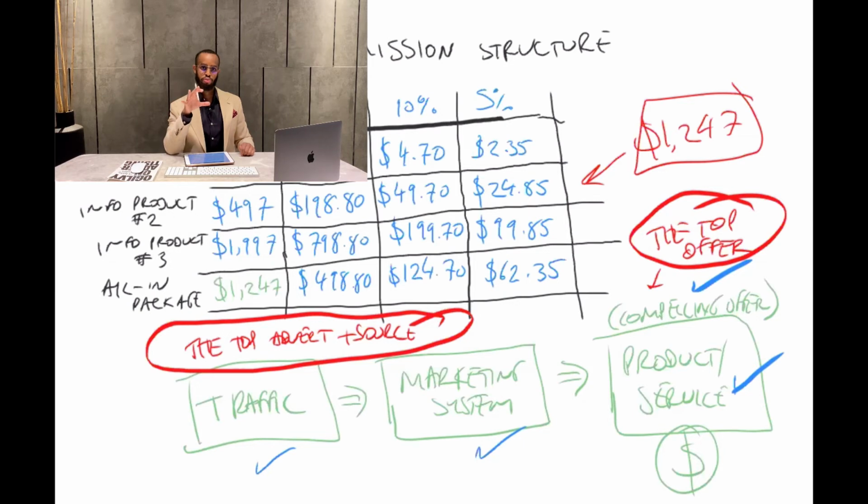Mid-2016 was when I had a problem where I was struggling to spend everything back into traffic. Now we're in 2020 as I'm actually talking to you here, and I've given you the exact system I'm using.